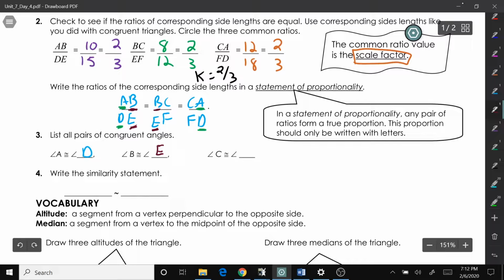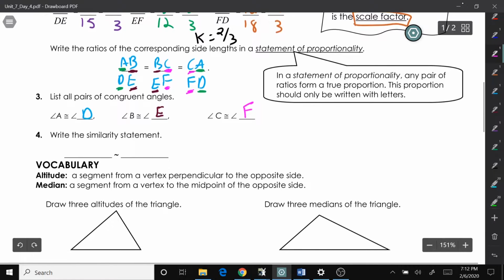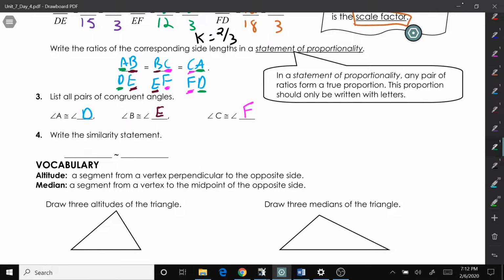And then C and F go together. So it's kind of like what we did when we were talking about congruent triangles and lining things up. So then the similarity statement, and just like with congruent statements, you could have multiple correct similarity statements. So I will go with triangle ABC is similar to triangle DEF.